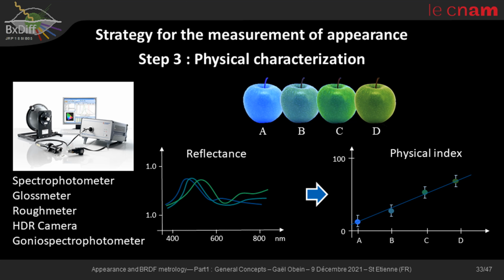For instance, here the reflectance will be a very good candidate because this is mainly blue, this is green, so I will see the peak in the reflectance travel from the blue to the green, and I can take one parameter that I will extract from the spectrum, for instance, the wavelength of the maximum of the main peak of the reflectance spectrum. This is one numerical parameter, and I can plot on a physical scale, a physical index, which means a number, and a unique index, according to my 4 samples.